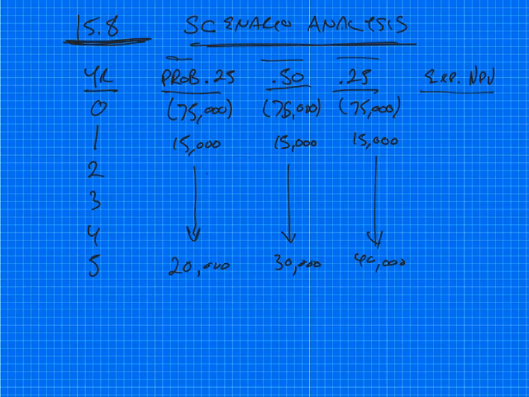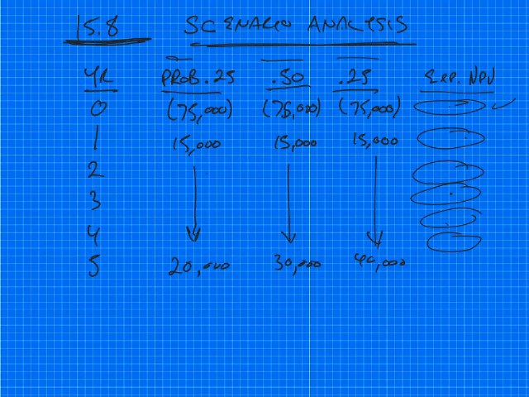And what you're going to want to do is calculate the expected values for each one of the years, 1, 2, 3, 4, 5. You're going to want to list those here. And I'll give you a little refresher on how to calculate those.